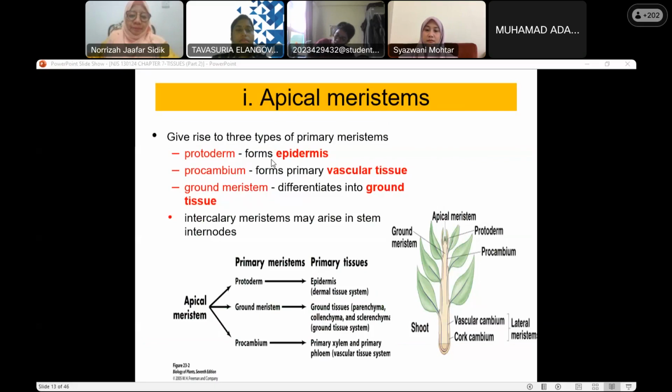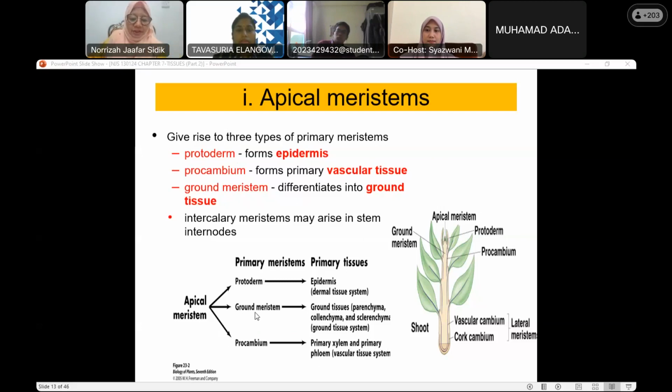Now we look at the apical meristem. This apical meristem gives rise to 3 types of primary meristem. The protoderm will form the epidermis, the dermal tissue system. The procambium will form the primary vascular tissue, which consists of the primary xylem and the primary phloem.